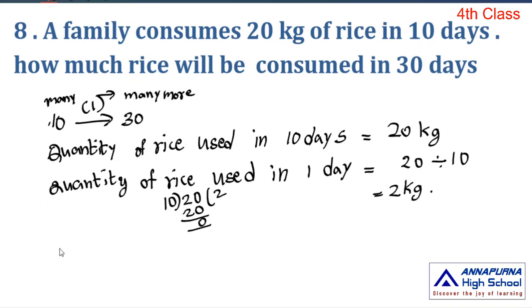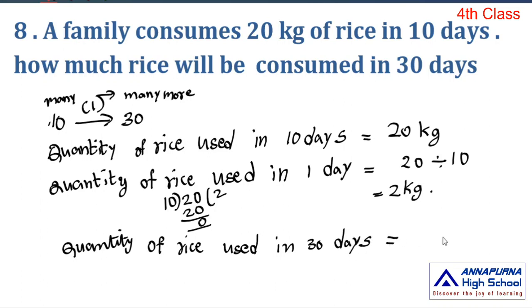So in 30 days how much? Just simple multiplication. Quantity of rice used in 30 days by the family.